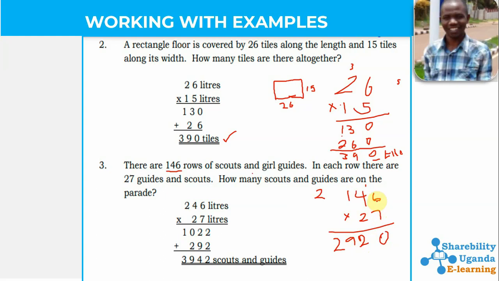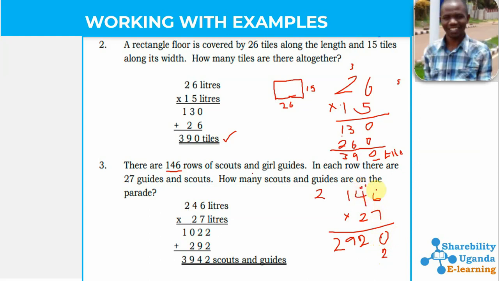Then we say 7 times 6. What is 7 times 6? We shall be able to get our 42. So we write our 2 here. Then we carry 4.